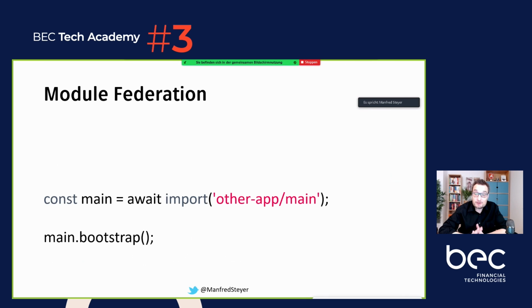However, no one prevents us to load the main file of another single page application. The main file that emits a bootstrap function, for instance. This allows us to bootstrap another single page application into the middle of ours. And so we have everything nicely integrated.